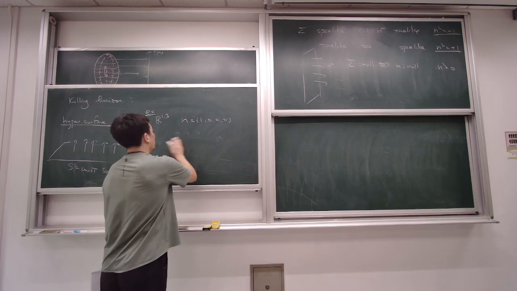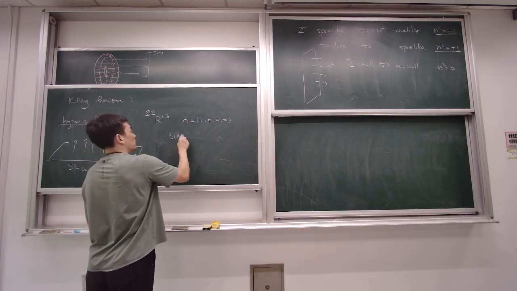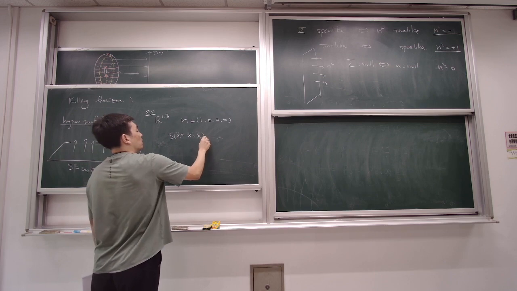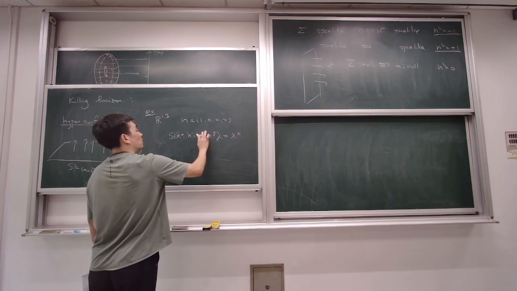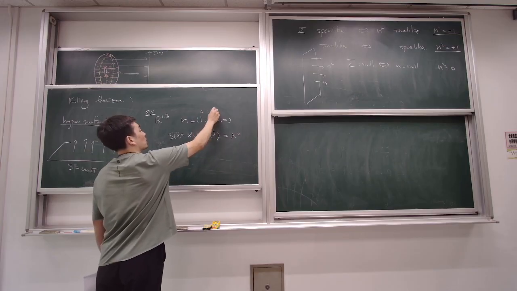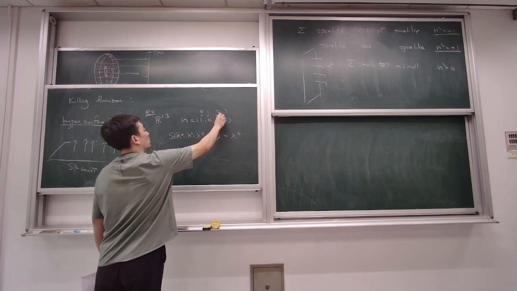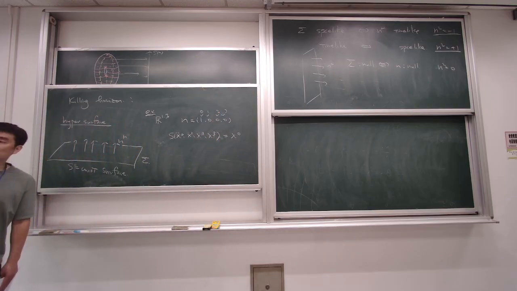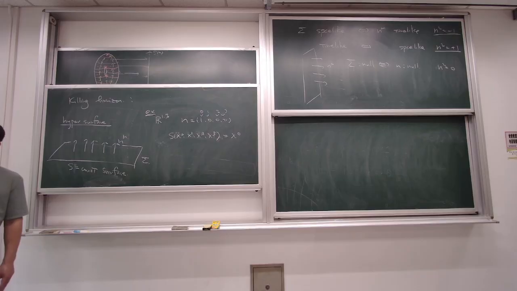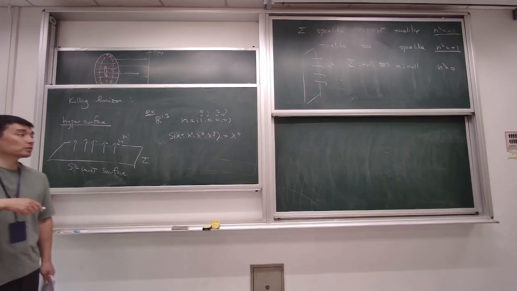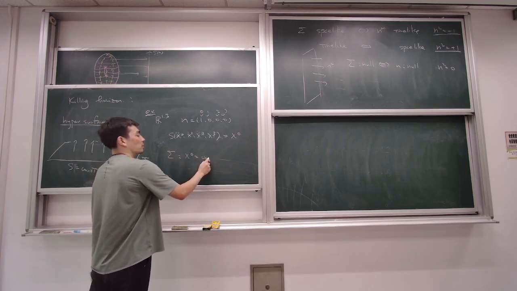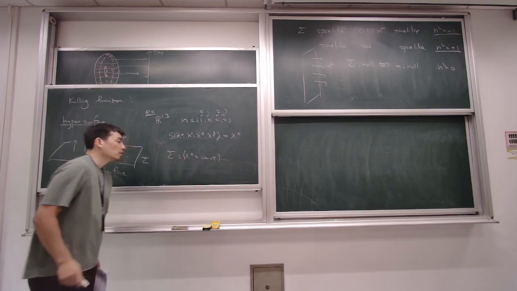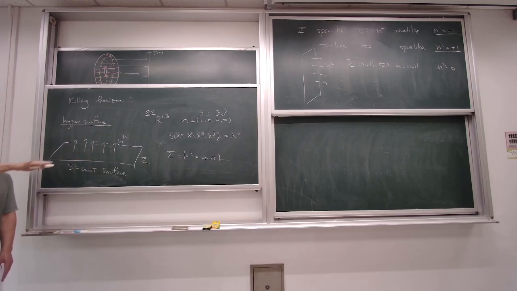First of all, S of x is x0, with coordinates 0, 1, 2, 3. So the function S is this one, and therefore the hypersurface is the x0 equal to constant surface. This is exactly what's happening, if this is the x0 direction.